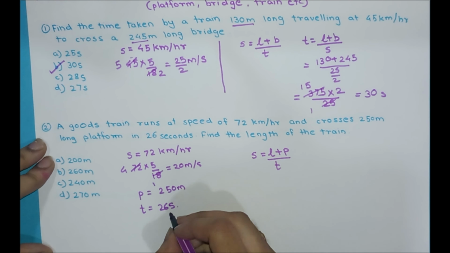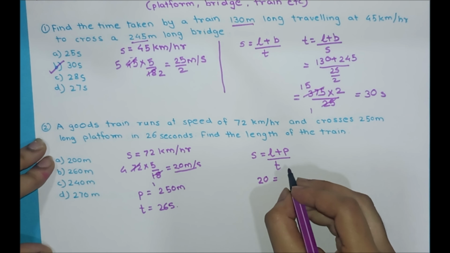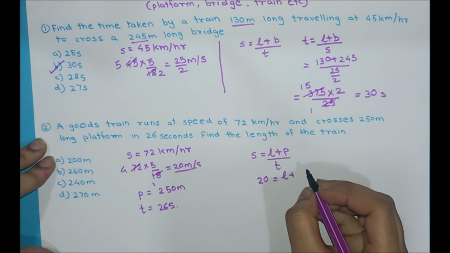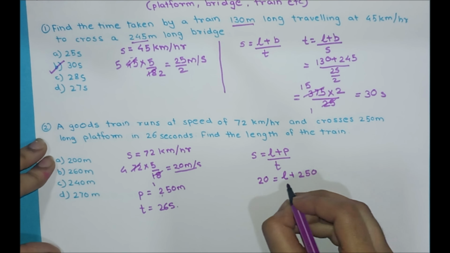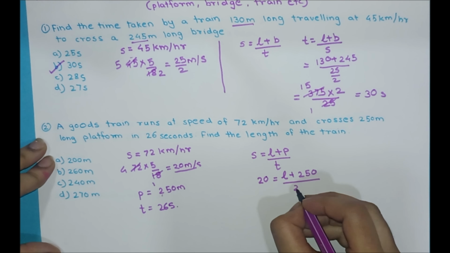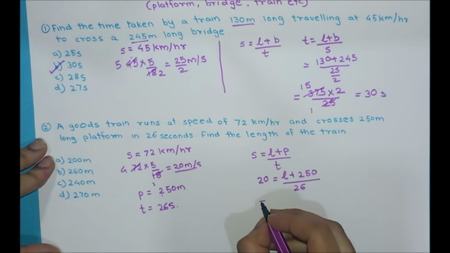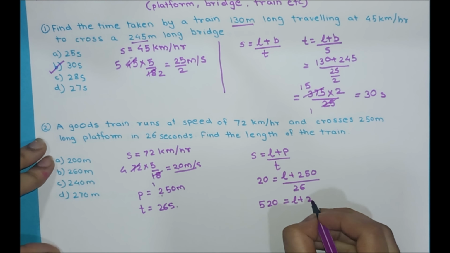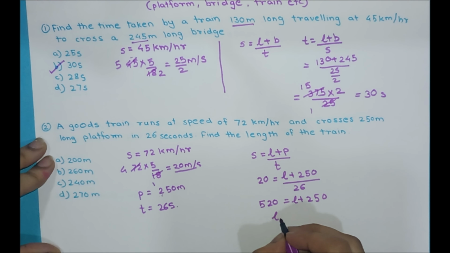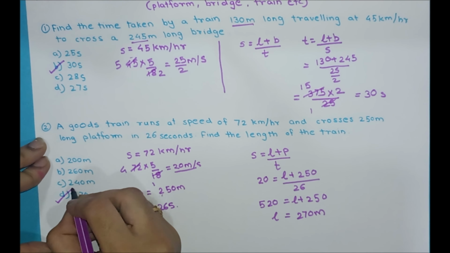So the speed that we found out was 20 is equal to L plus 250 by 26. This gets multiplied over here. We get 520 is equal to L plus 250. Your L becomes 270 meter, which is option D.